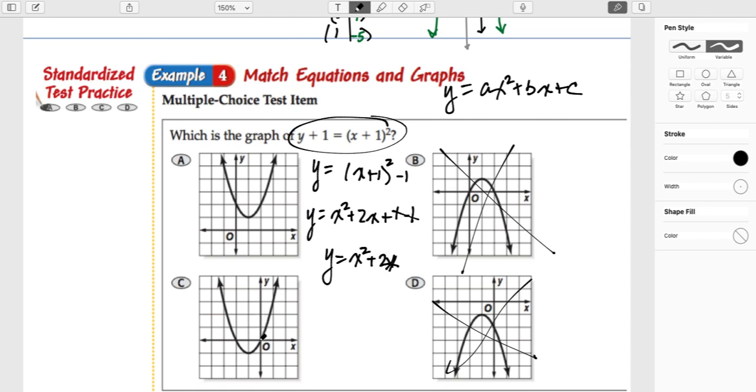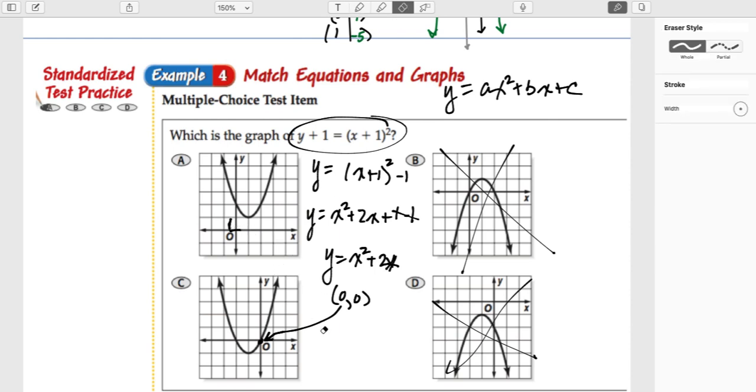For instance, 0. If I plug 0 into this equation, 0 for x, what do I get? I get y is equal to 0. So that tells me that point 0, 0 has to be on this graph. And I look over here and 0, 0 is not a part of the graph. That's one way. We could also find the axis of symmetry, right? The axis of symmetry, we remember, is negative b over 2a.